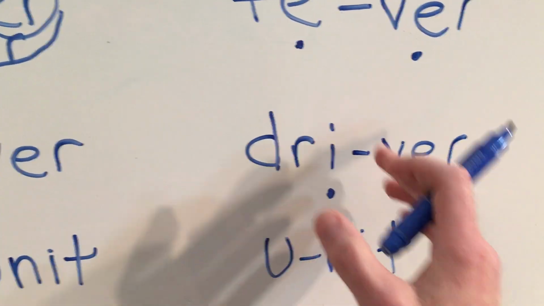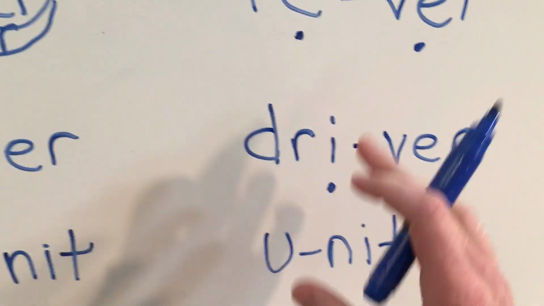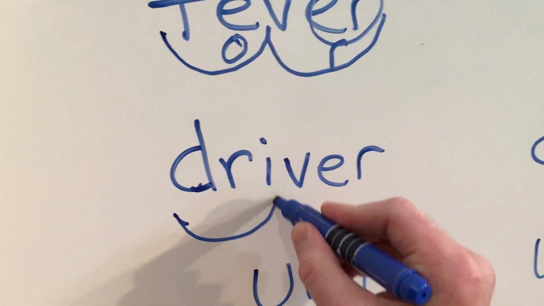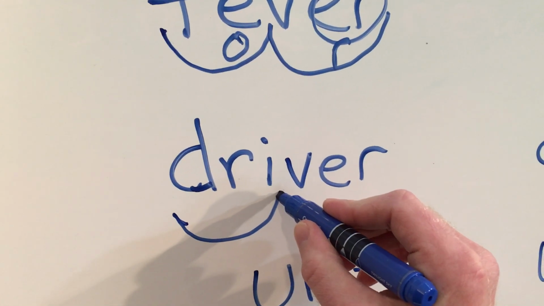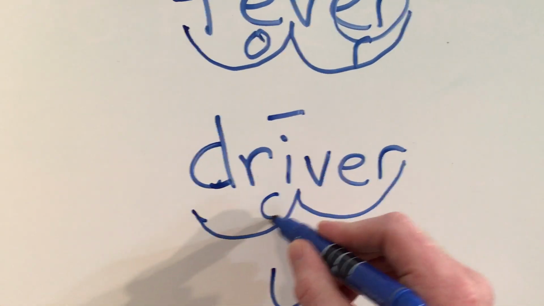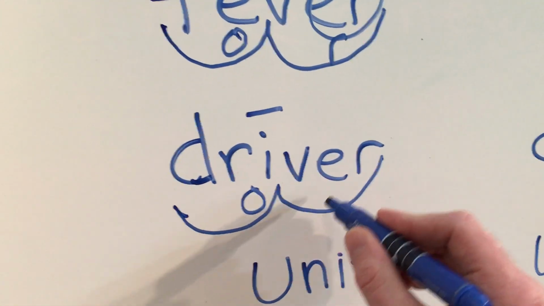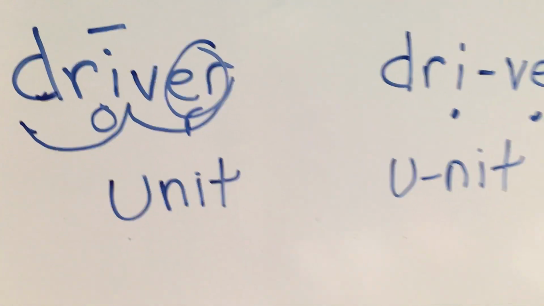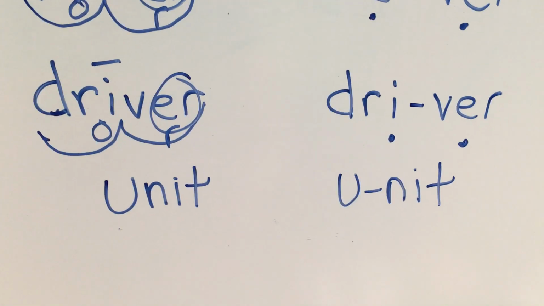There's nothing right after that at the end of the syllable. It makes a long I sound, so we go over here. Dry, we give it our first scoop for our first syllable. Macron, open, because it makes a long I sound. ER, R-controlled vowel. Okay?